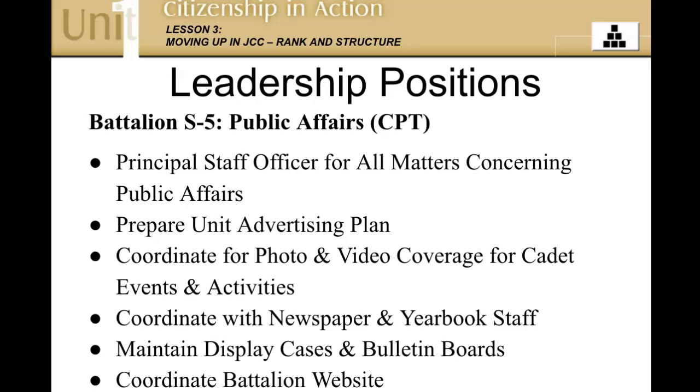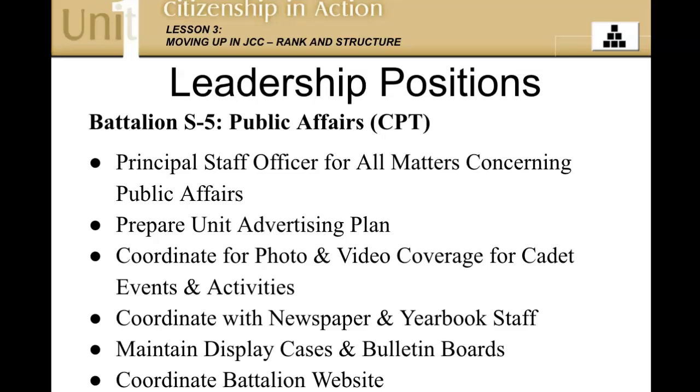S5, public affairs, also a cadet captain. They are the principal staff officer for all matters concerning public affairs, so maintaining a website, Snapchat, Instagram, whatever it happens to be, they're responsible for that. They're going to prepare the advertising plan. They're going to coordinate photo and video coverage for all activities and events.